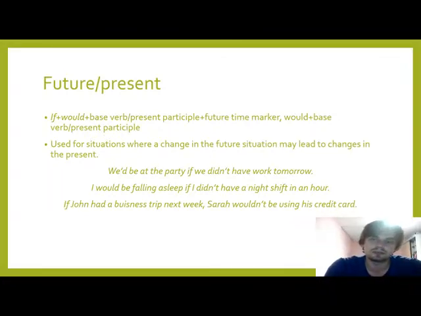Then we follow it up with another subject, again with the would, and a base verb or a present participle. Having covered the rules and the use already, we will look into the sentences now.